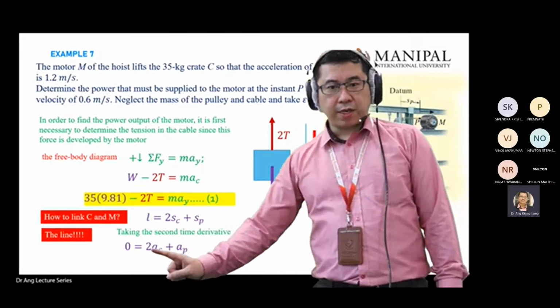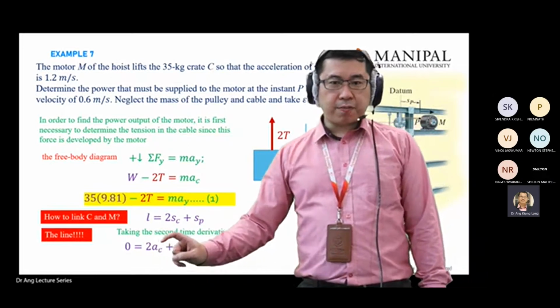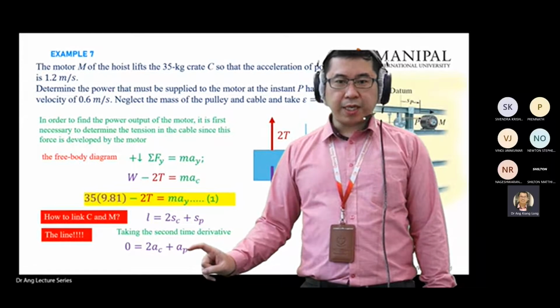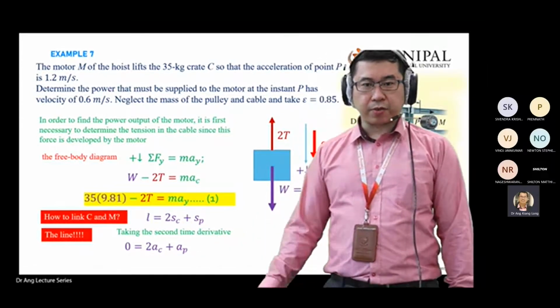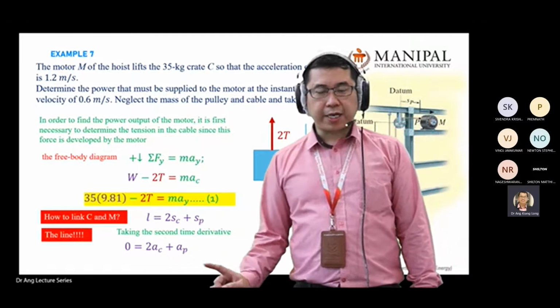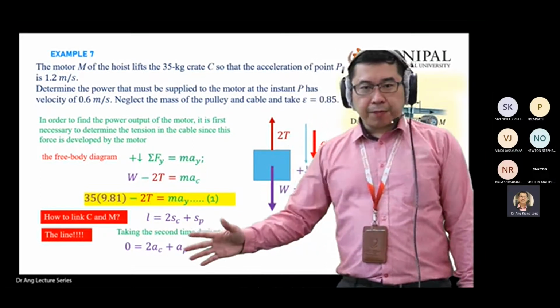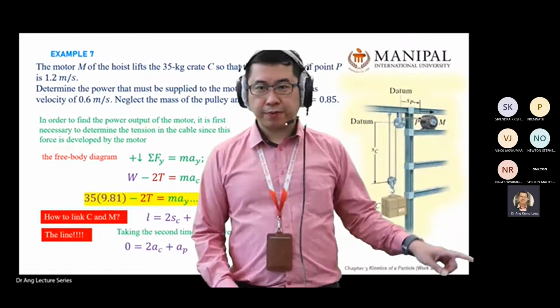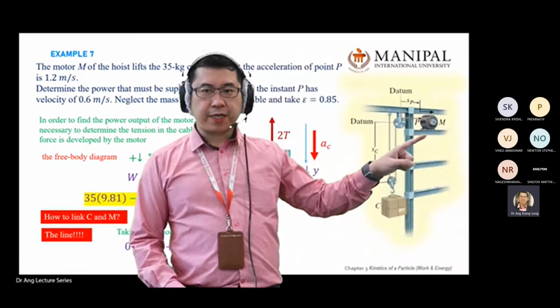So here it links with your C object, AC, and your P object, acceleration. So here actually you have a link with two objects. From this equation, you know that you need to solve for this object here.